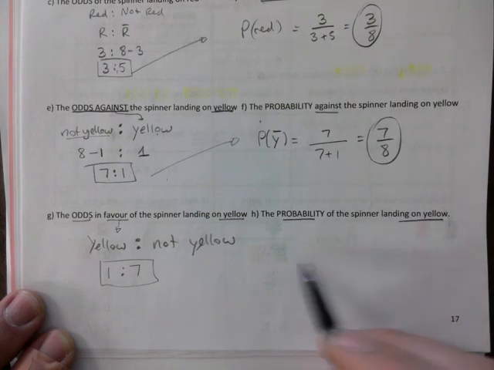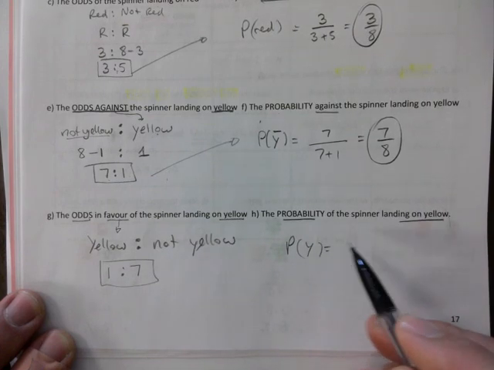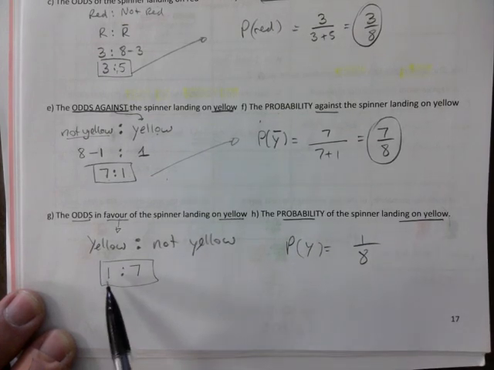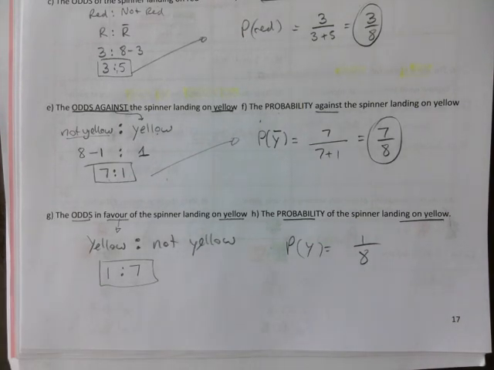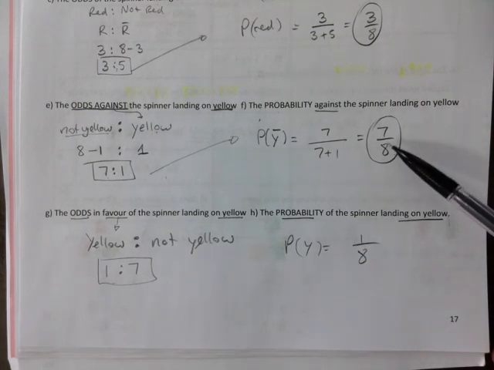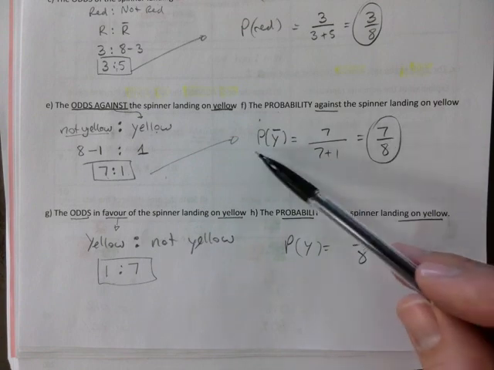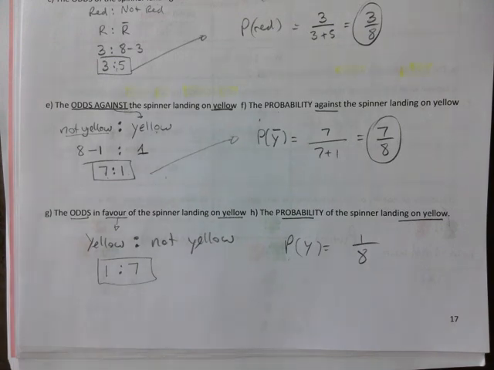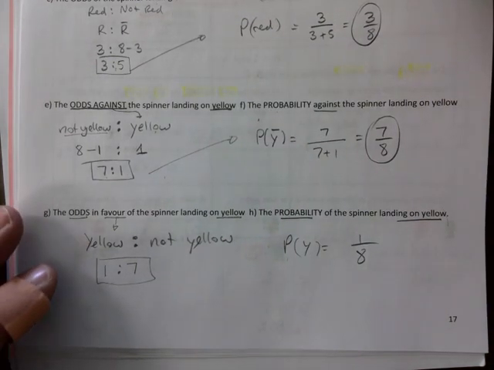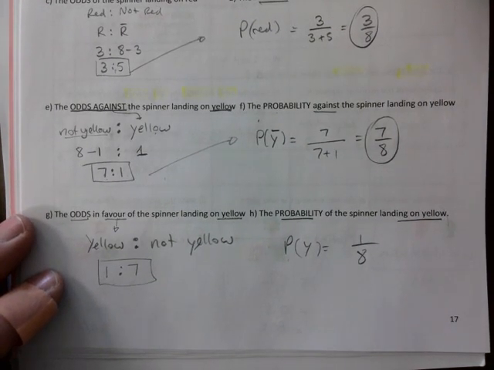Probability of landing on yellow, no problem. That's 1 over 8, because I just added the bottom, and I wanted yellow on here. I could have gotten it from here. If not yellow is 7 out of 8, then yellow is 1 out of 8. Same idea. But we're not done yet. You want to do more.